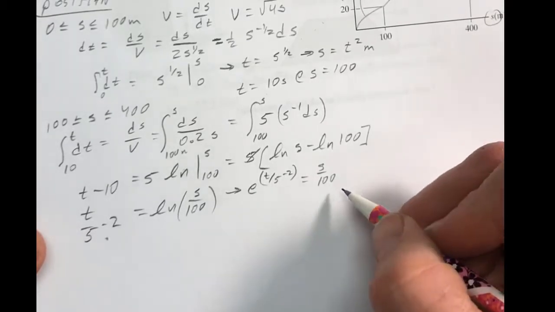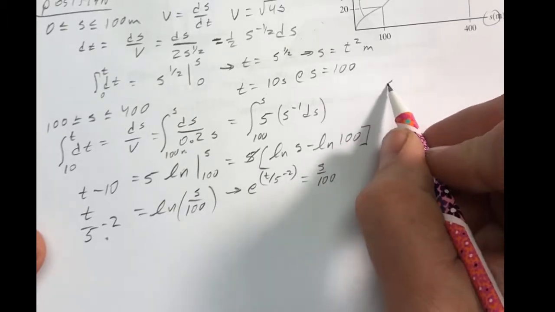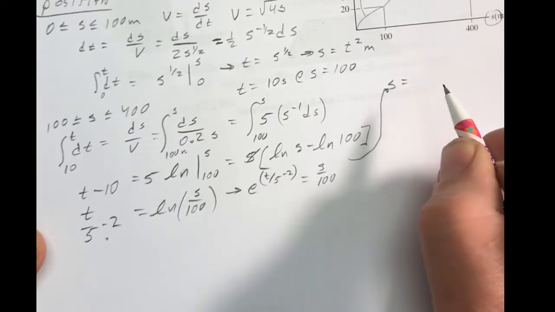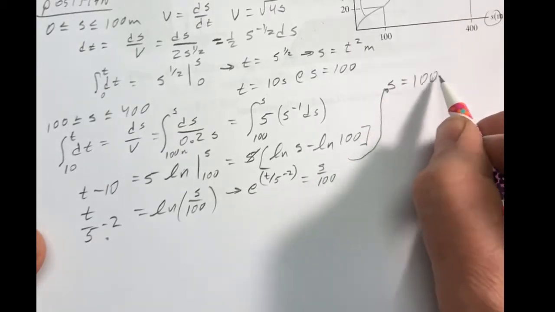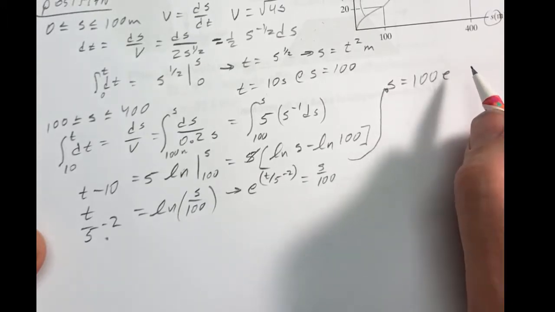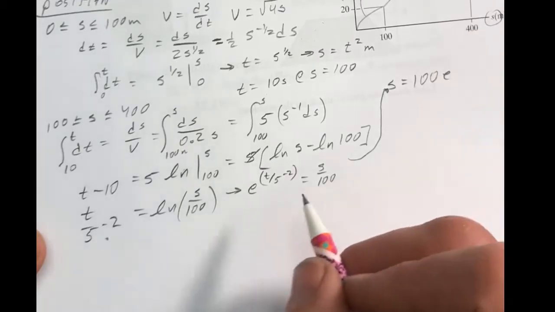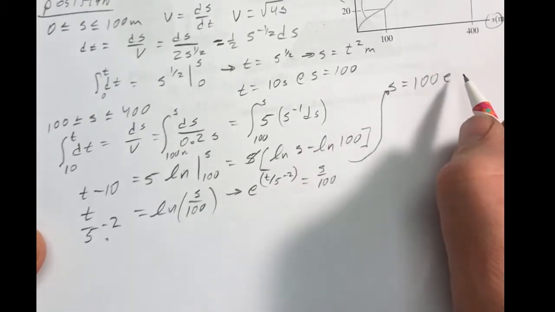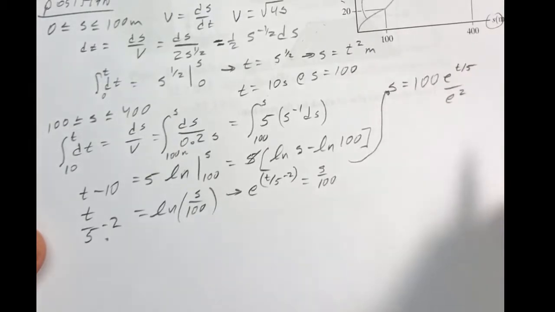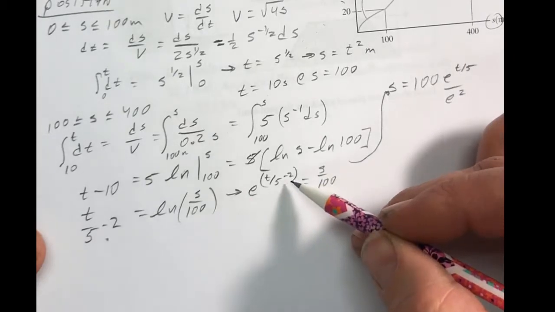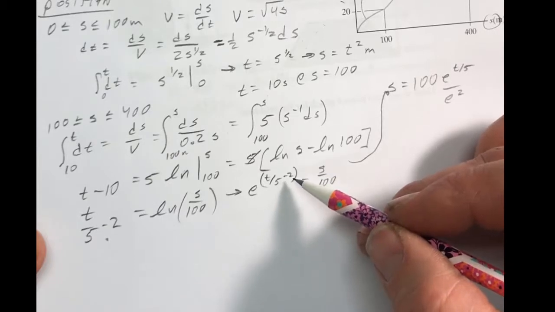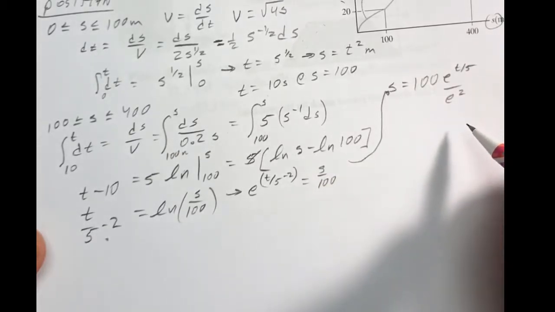I can take the 100 over, so s equals 100 e to the t/5 minus 2. Now remember this operation again: since those powers are subtracted, e to the power subtracted is the same as e to the t over 5 divided by e squared.